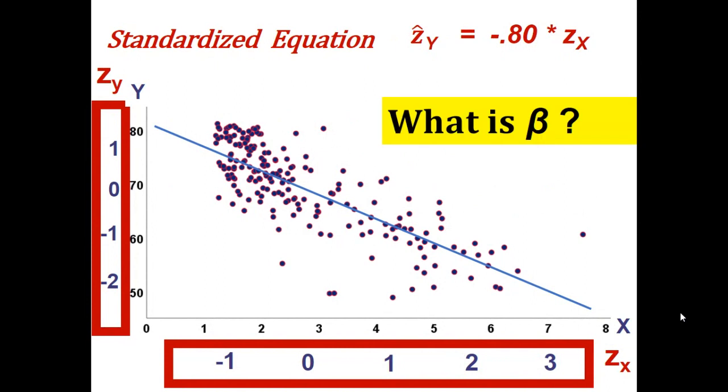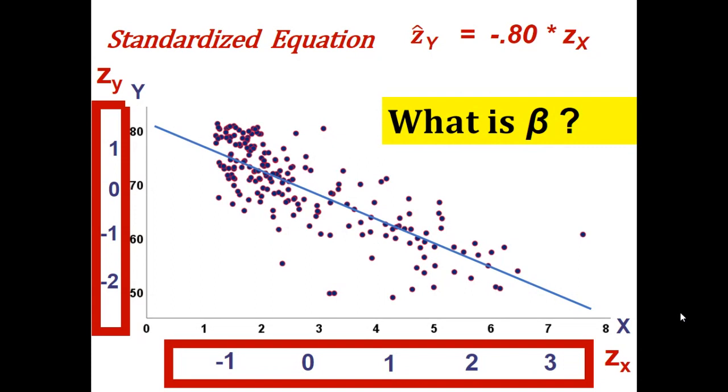What is beta? Okay, I'll give you a little hint. Beta, the Greek letter beta, is the mathematical symbol for the standardized regression coefficient, or we could say the standardized slope. So I'll repeat now. What is beta?